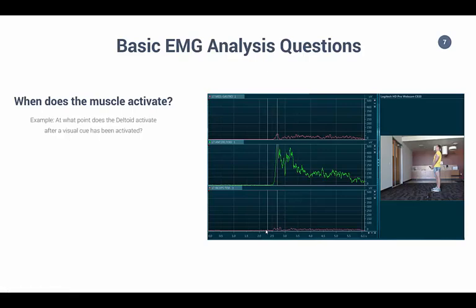Using this approach, we can look at things such as reaction timing or understand the proper coordination pattern from one muscle to the next if we want to see certain principles of movement related to firing patterns, let's say from proximal to distal activation.